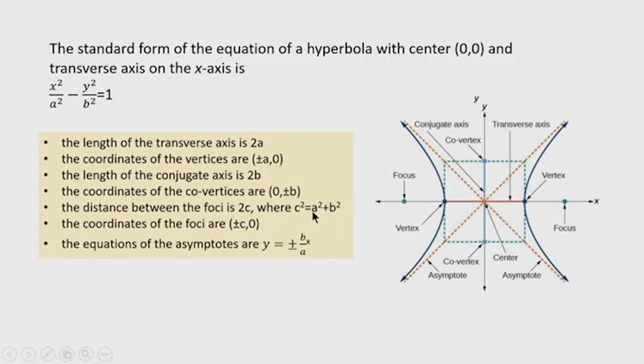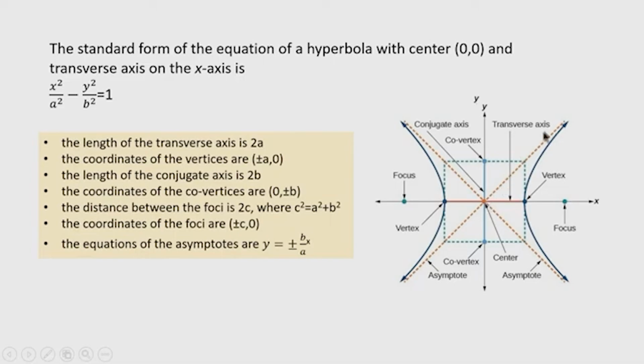So, if a is known, then b can be found if c is obtained from the distance between the two foci. Okay. The coordinate of each focus is plus minus c. Towards the positive axis it will be c, 0, and towards the negative axis it will be minus c, 0.